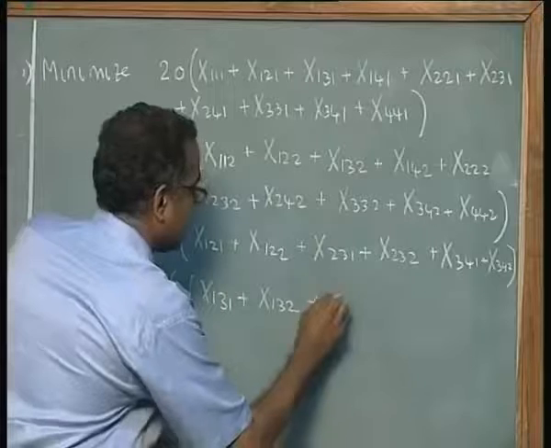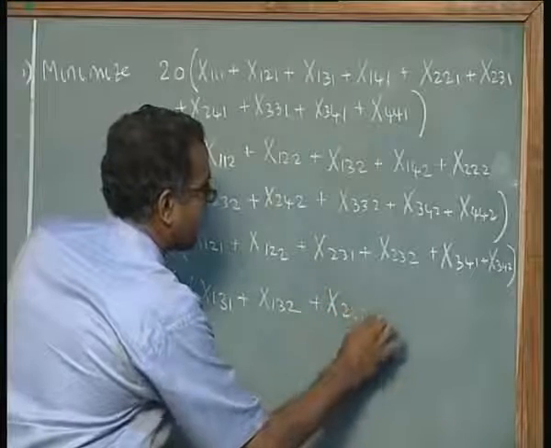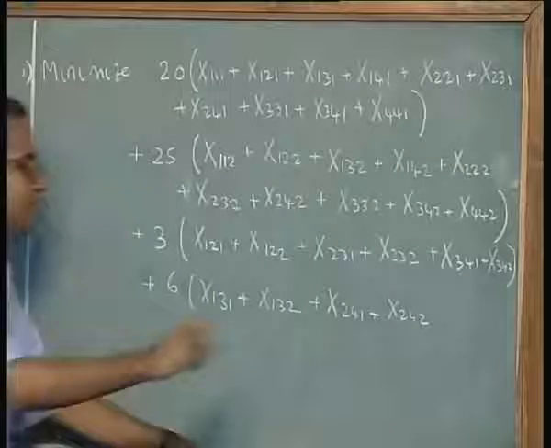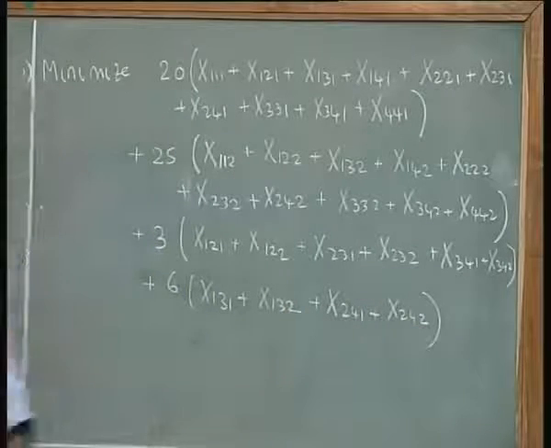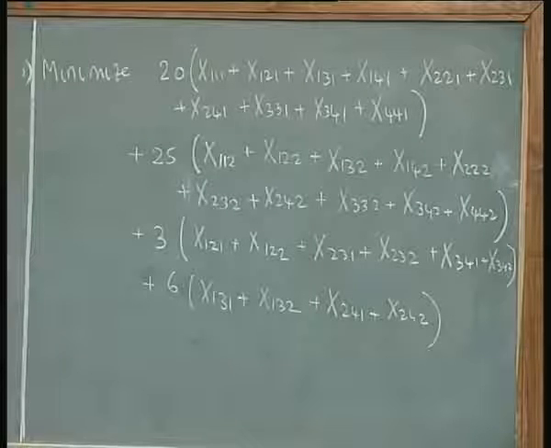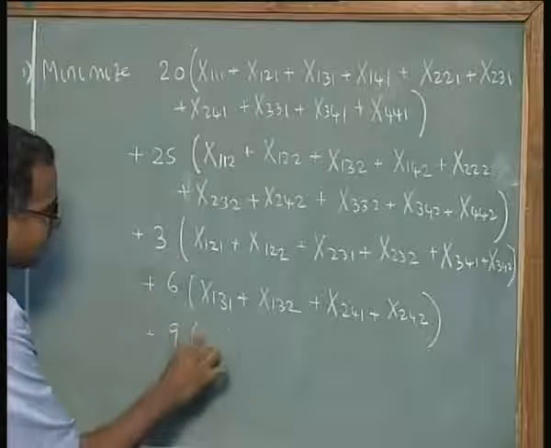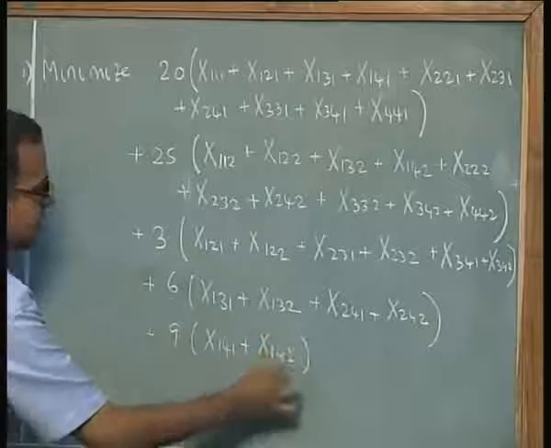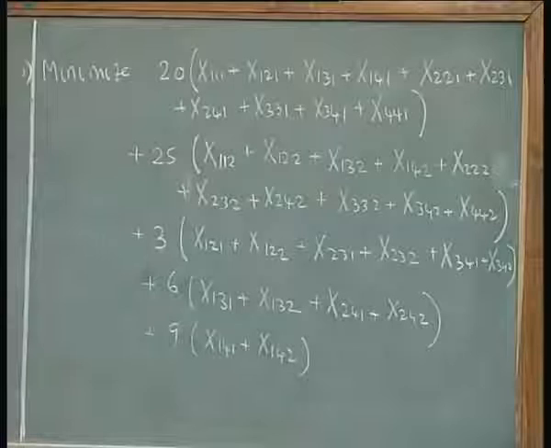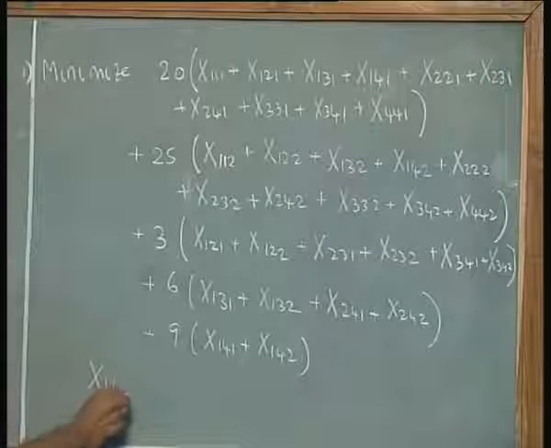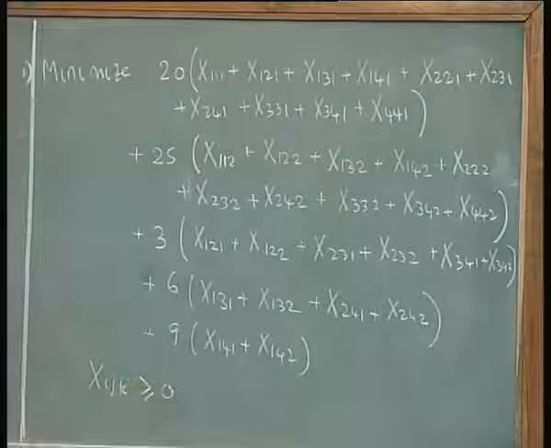Similarly, you will have x241 plus x242, and there are quantities which are carried 3 months, because you can produce in the first month and use it in the fourth month. So, you will have another 2 terms that come in, x141 plus x142. So, this is the objective function, plus of course all the relevant xijk greater than or equal to 0.